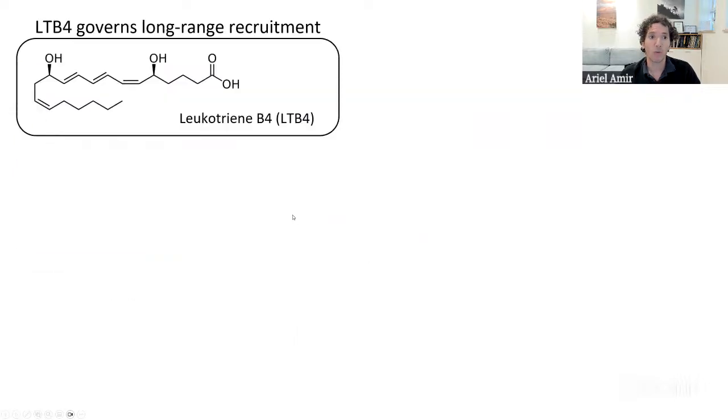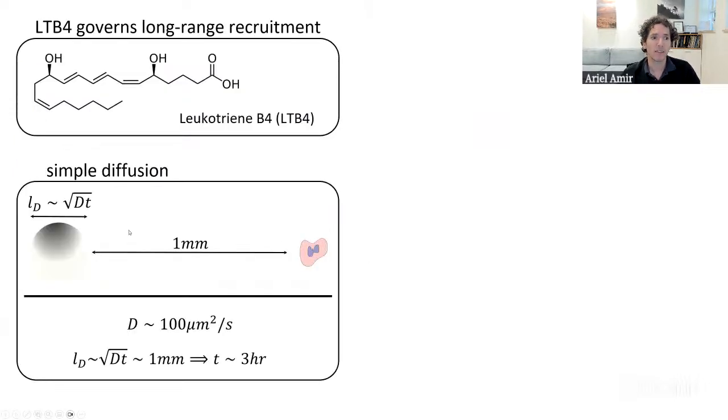But there is a problem here, and the problem is diffusion is just not fast enough. We know that the length scale goes as the square root of Dt, and if we want to recruit a neutrophil from a millimeter away, for a diffusion constant for a molecule such as LTB4, you get a very long time of several hours that are inconsistent with what you see in the experiments.